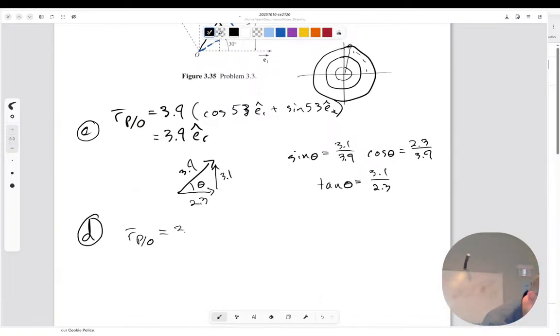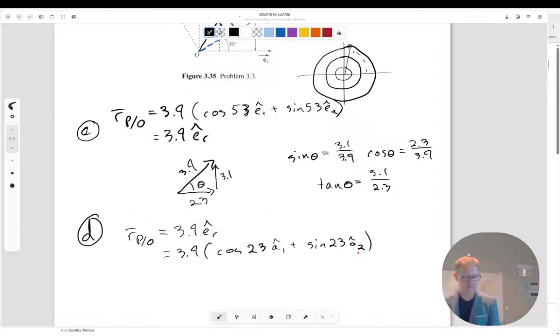So it's still 3.9 ER. And if we want to keep track of where that ER is, then we would say that it's that cosine, what would that be, 23? Oh no, is it E1? Anyway, no, yeah, A1. There we go. This is one way to do it.